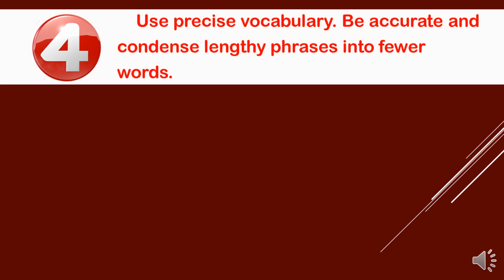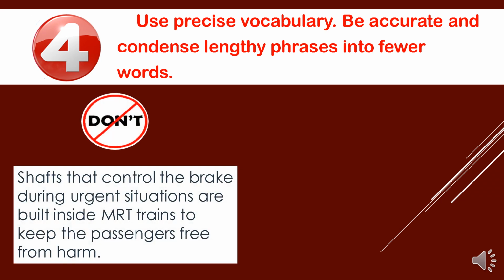Number 4. Use precise vocabulary. Be accurate and condense lengthy phrases into fewer words. Don't: shafts that control the brake during urgent situations are built inside MRT trains to keep the passengers free from harm.